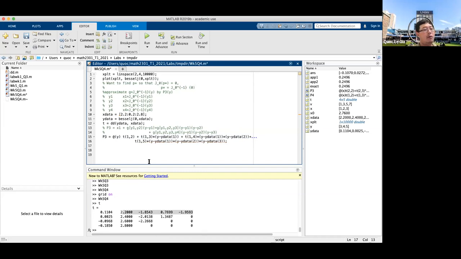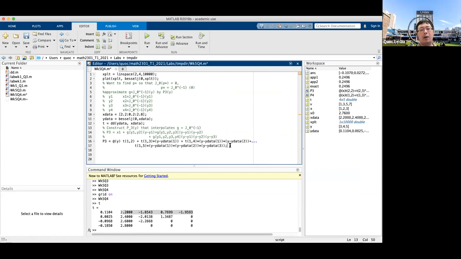And now, so I construct a polynomial P3(y) that interpolates G, okay. What is J0 inverse? J0 inverse. Okay, so I got it.